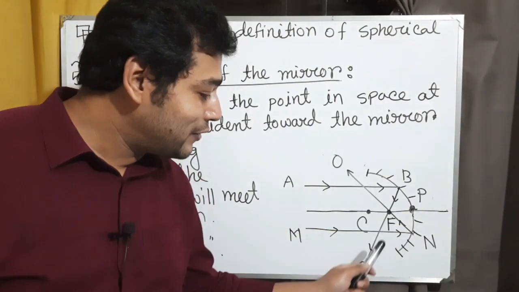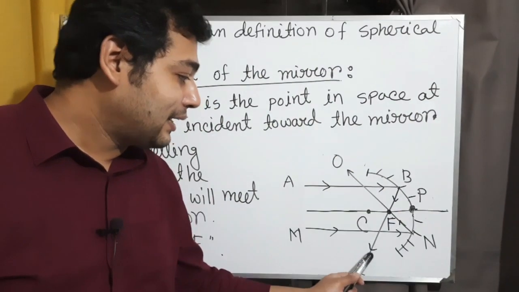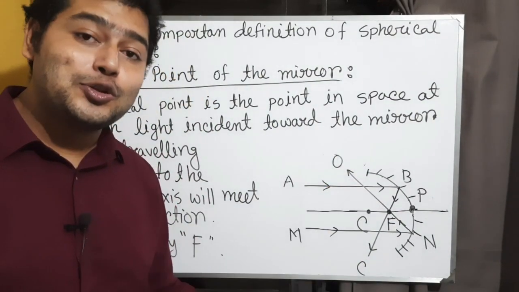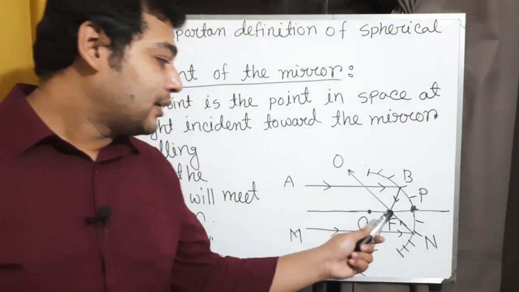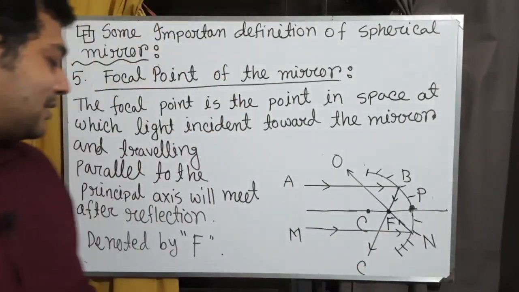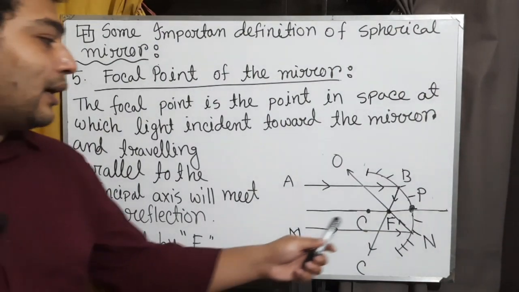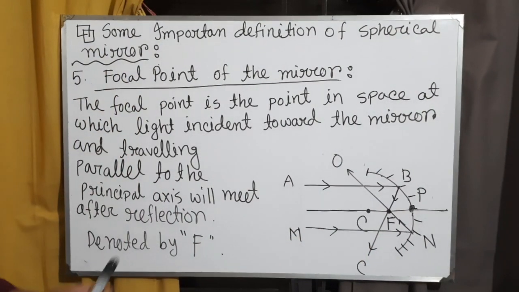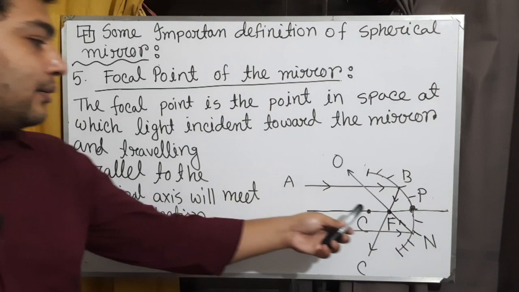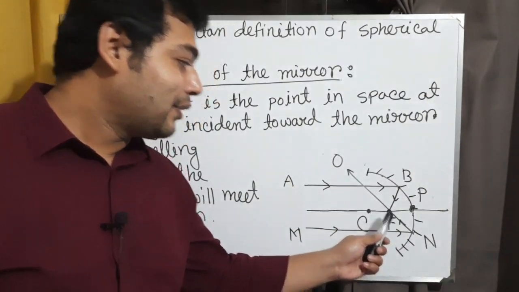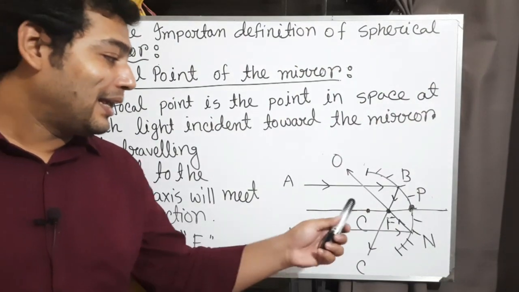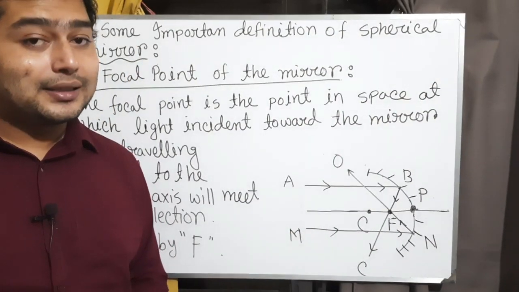These two reflected rays meet after reflection at a point F, which lies on the principal axis.